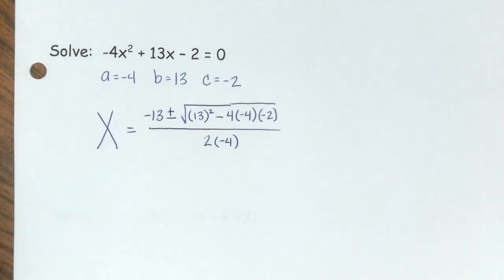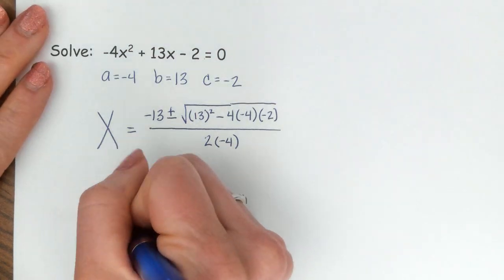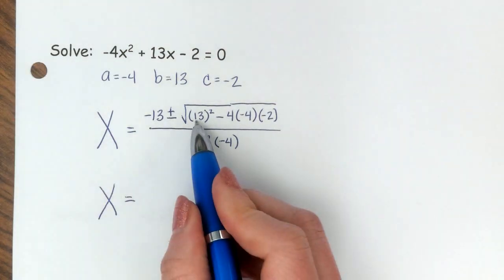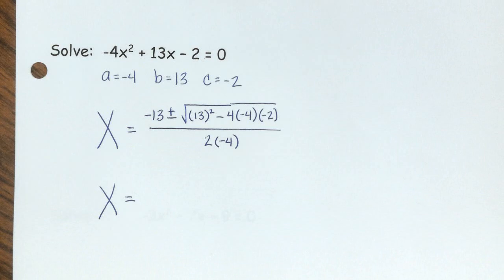So now what you are going to do in your calculator is take the 13 squared. Get out Desmos here.